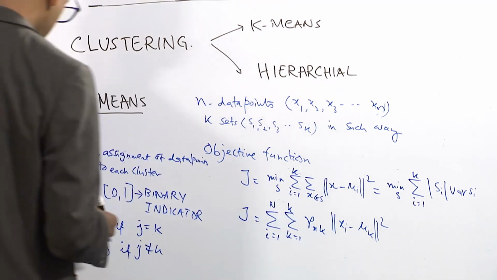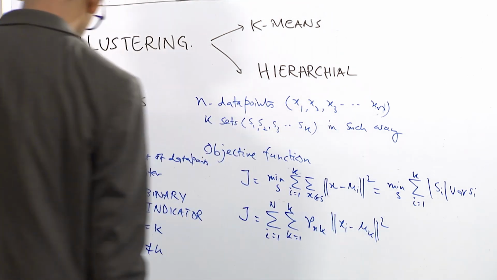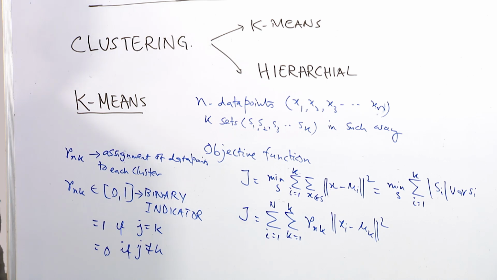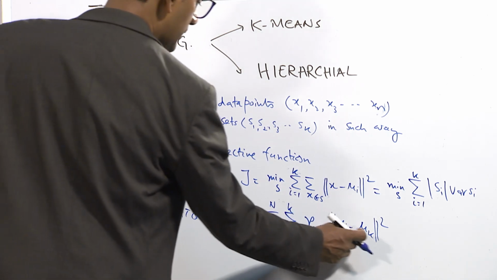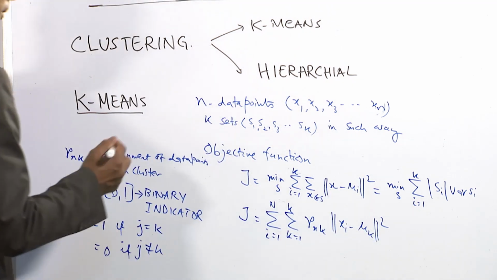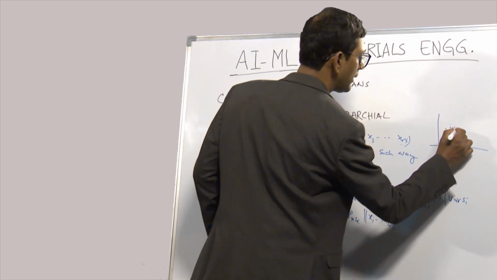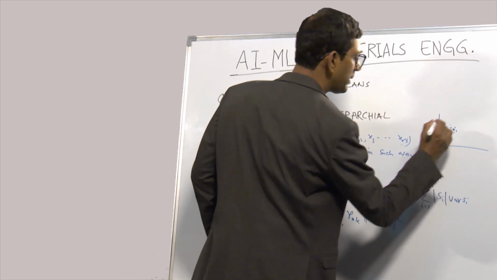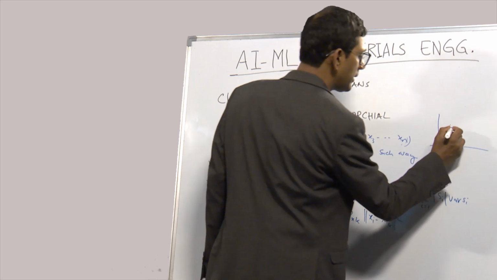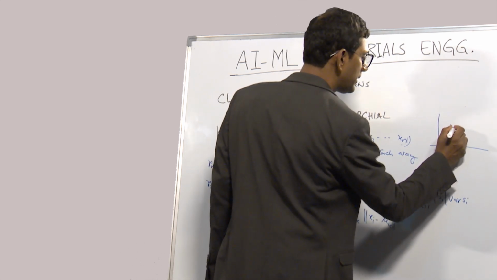This indicates the squares of the distances of each data point xi to its assigned vector mu k. Remember that, I just showed you this. If I have a data point like this, I put any arbitrary center. So, this tells you the squares of the distance of this data point, let us say this one, to this distance.